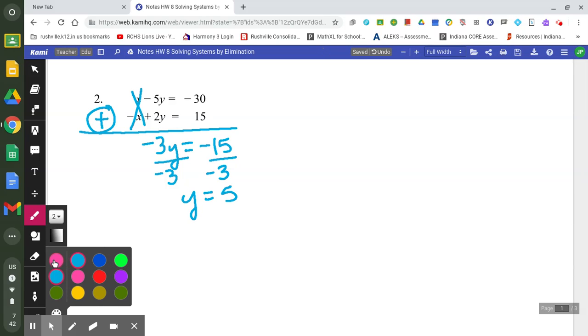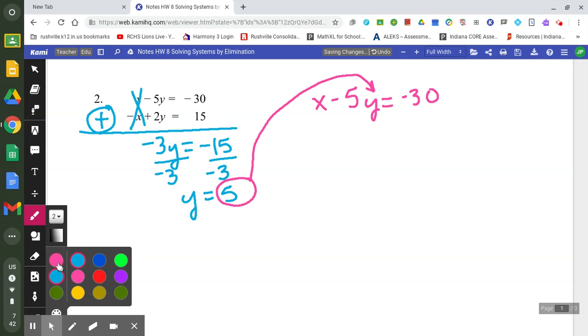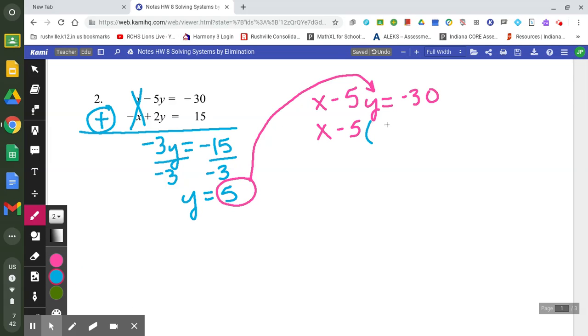So then to find the x, I'm going to go back and use that first equation, x minus 5y equals negative 30. And I'm going to put this 5 in for the y. So this problem will be x minus 5 times 5. And then the rest of the problem equals negative 30.